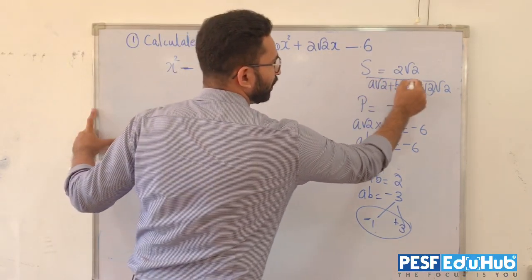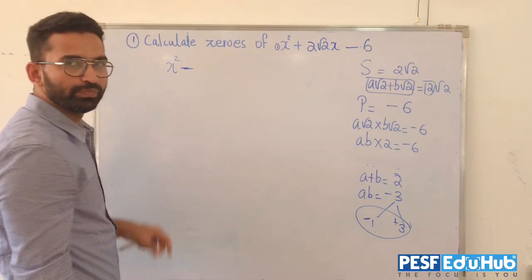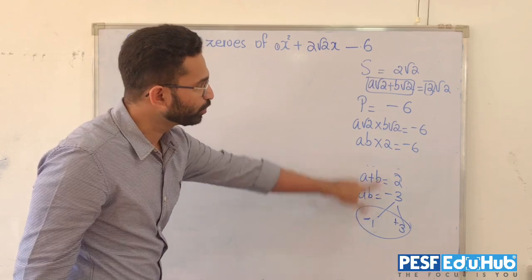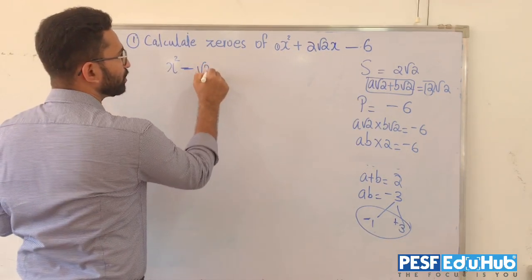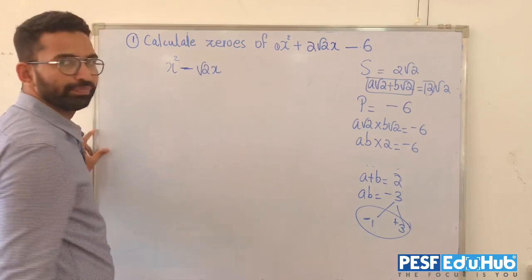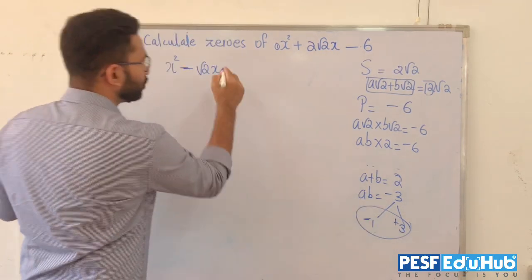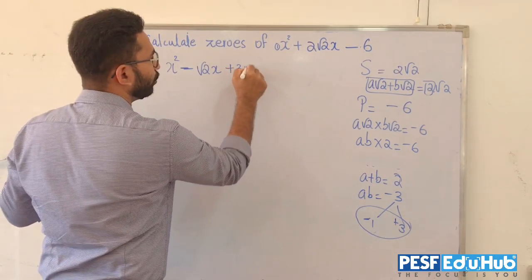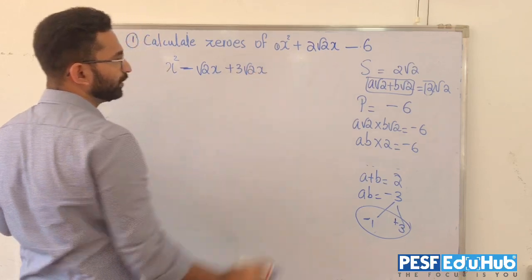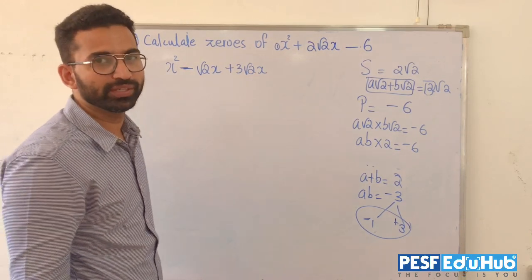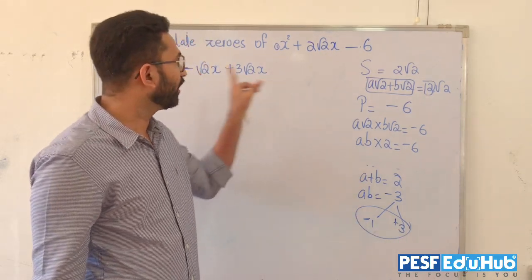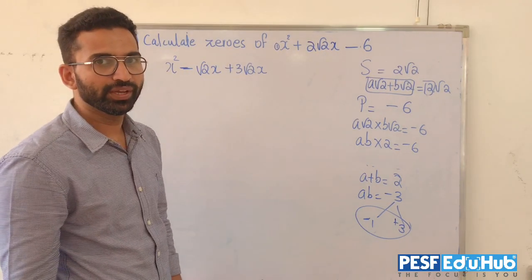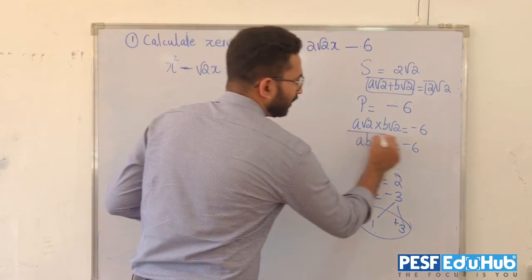Your numbers were a root 2 and b root 2. Your a is minus 1 and your b is 3. So minus 1 root 2 means minus 1 root 2x. The other is 3, so positive 3 root 2x. This is the only thing, my dear friends, you have to understand. When you get the two numbers, you have to write along with the radical root 2. And there is one more thing. This is the other thing.